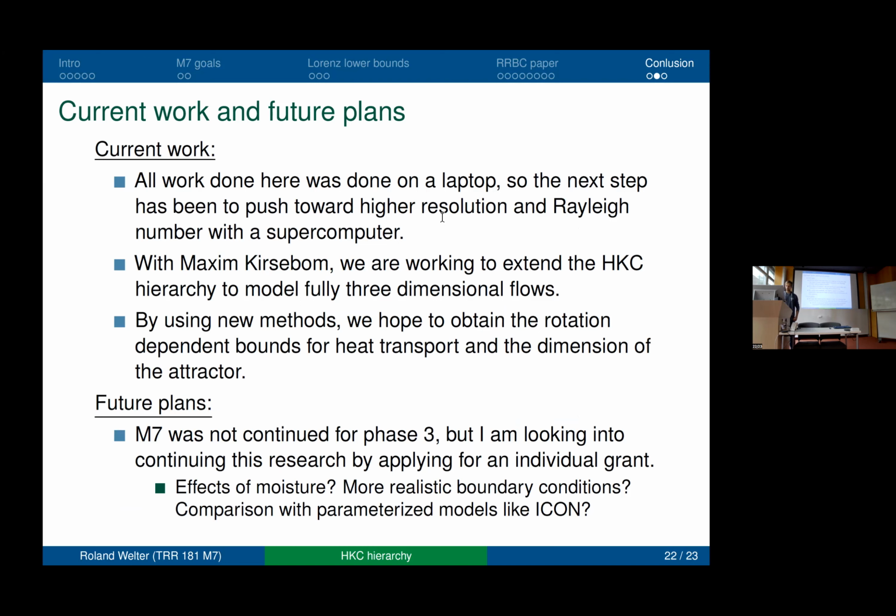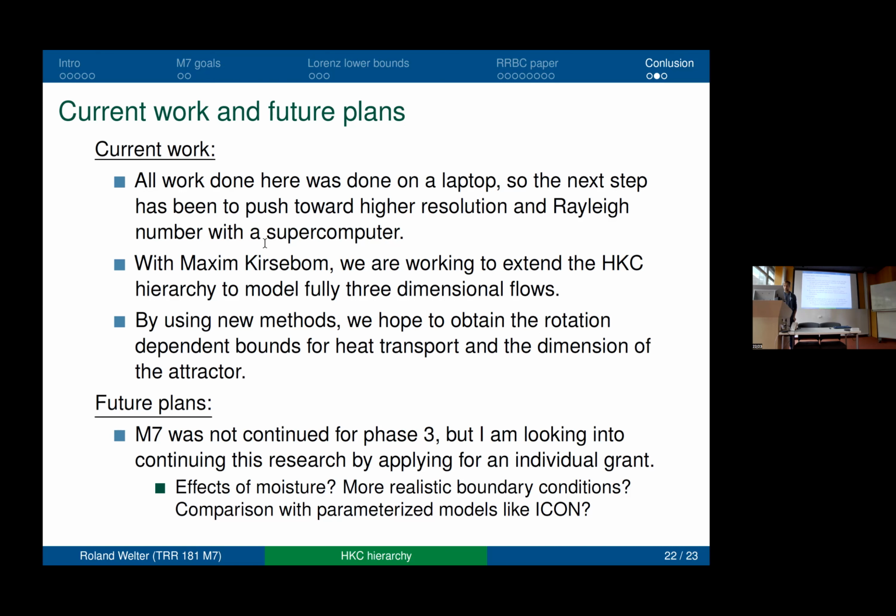And so in conclusion, some current work that we're doing: all the work that I've shown was done on my laptop. So I've been trying to move towards higher resolution and Rayleigh number by working on a supercomputer available at Uni Hamburg.